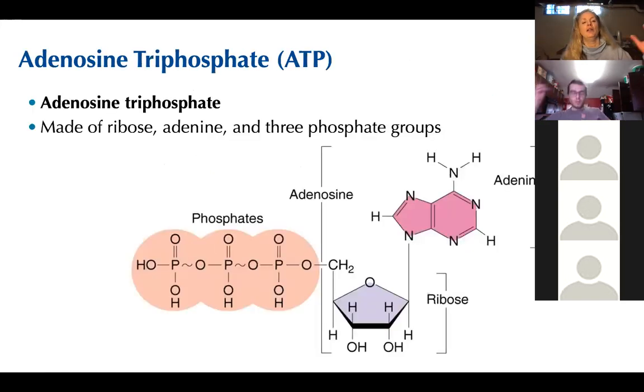And of course, we also have ATP. ATP is going to have that nitrogenous base attached to the sugar, and instead of being attached to a single phosphate group, ATP has 3 phosphates.